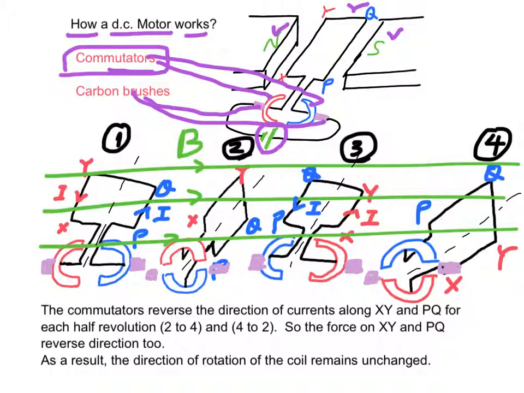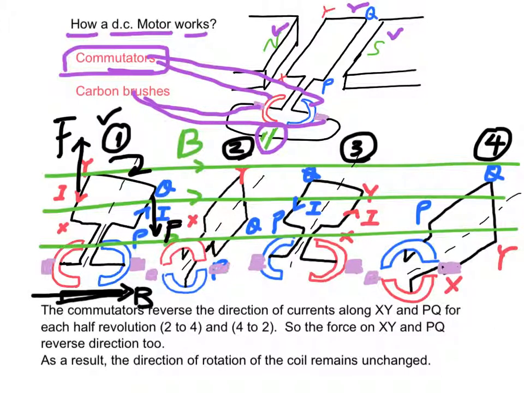In stage 1, when the plane of the coil is parallel to the magnetic field, by using the left-hand rule, the magnetic force on XY is upward, while that on PQ is downward. Therefore, the coil will rotate clockwise.